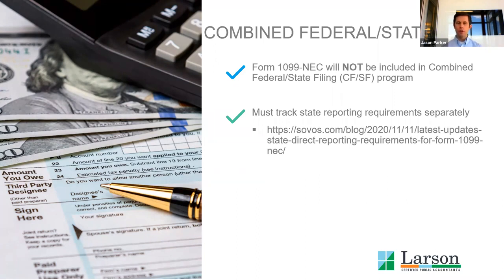This link I've included hopefully will be helpful in tracking the different state requirements, but some states will require that you file Form 1099-NEC information with them all the time. Some states will require it only if there's state withholding being reported, and others won't require it at all. So that's another thing to keep in mind.